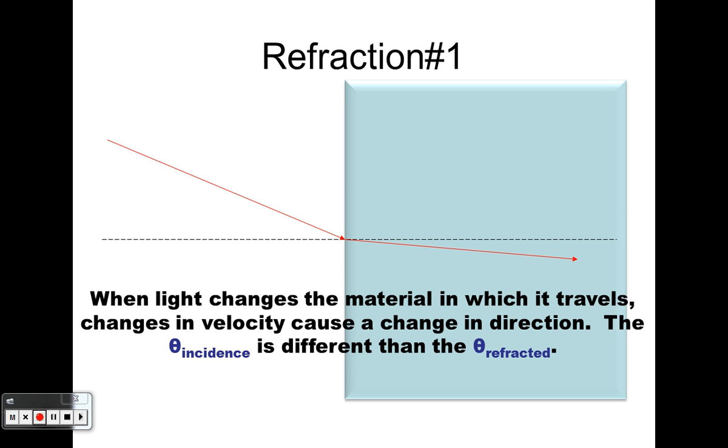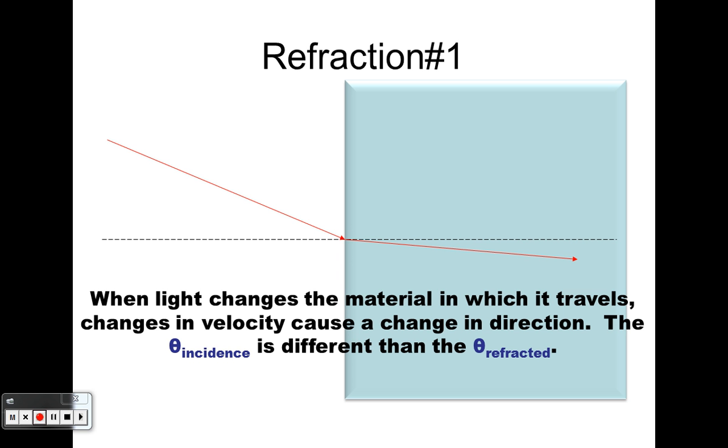And then it's refracted when it hits the glass. So from this diagram, would you say it speeds up or slows down? Slows down. Well, we know when it hits something with greater density, it slows down, right?